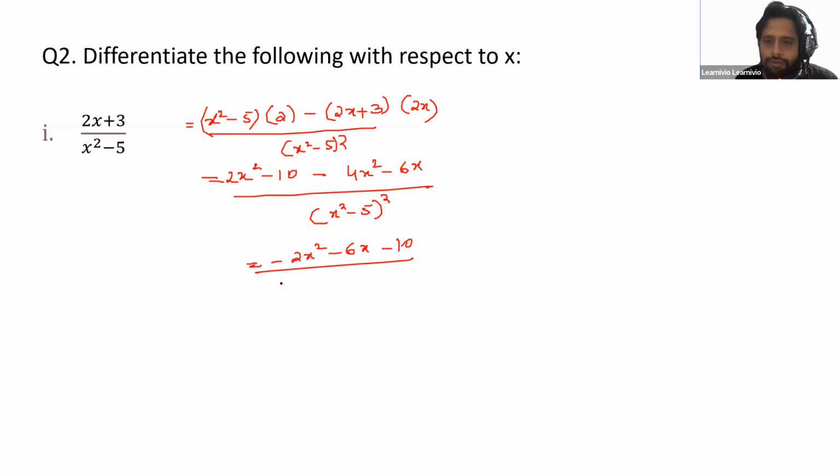So you are getting the same answer, but there is a slight change in the sign. Yes, it's minus 6x. Very good. Krishna, please start the next one.